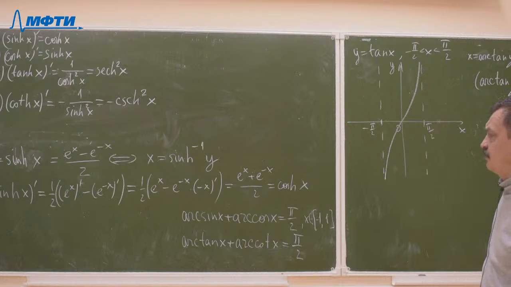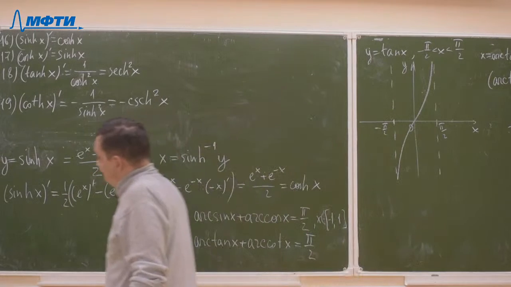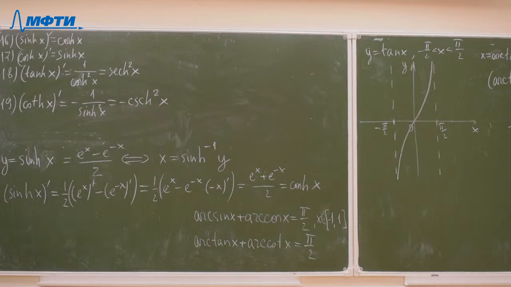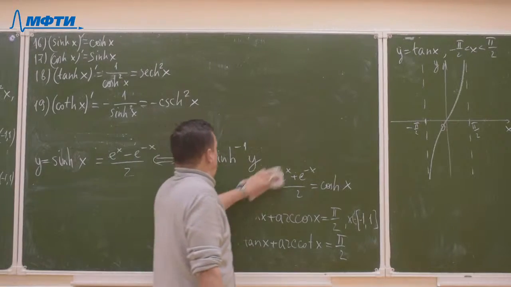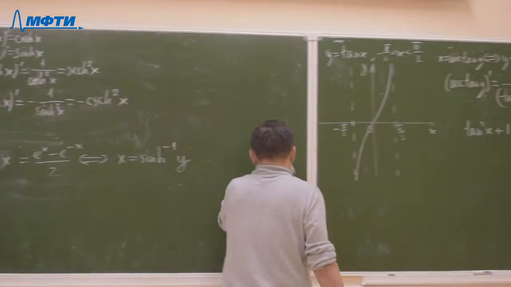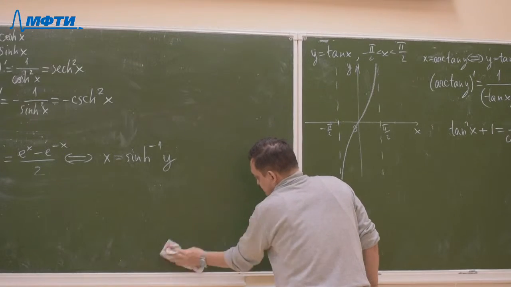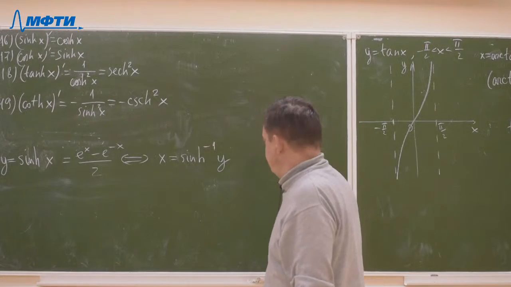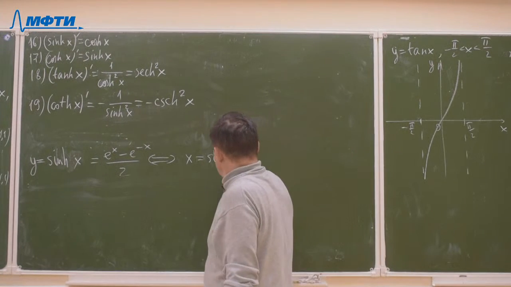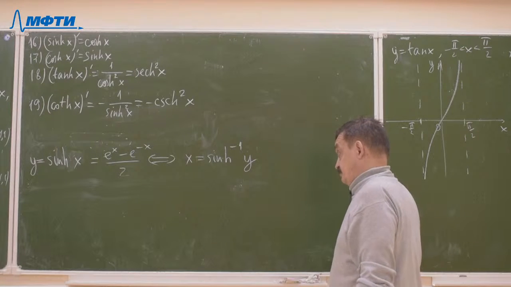So sine hyperbolic minus 1, and in fact it's quite different from the inverse function to sine, in the sense that we can find explicitly the formula for this sine hyperbolic minus 1, and this formula is quite useful for integration, for example. So let us compute what this inverse is.